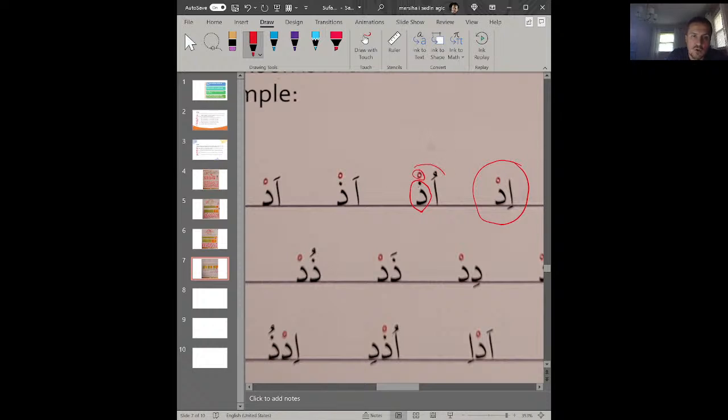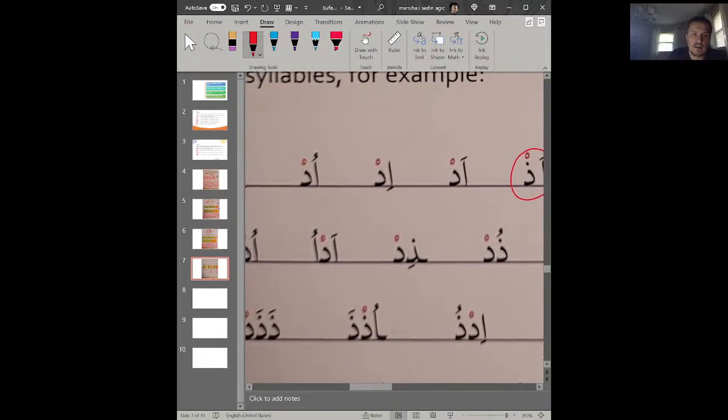So you say uz. Okay. Uz. Don't be confused because this is not a dot. This is Sukoon. It's a circle. Okay. It is a circle. So now as. See? As. Here. Ed. Id. Ud.